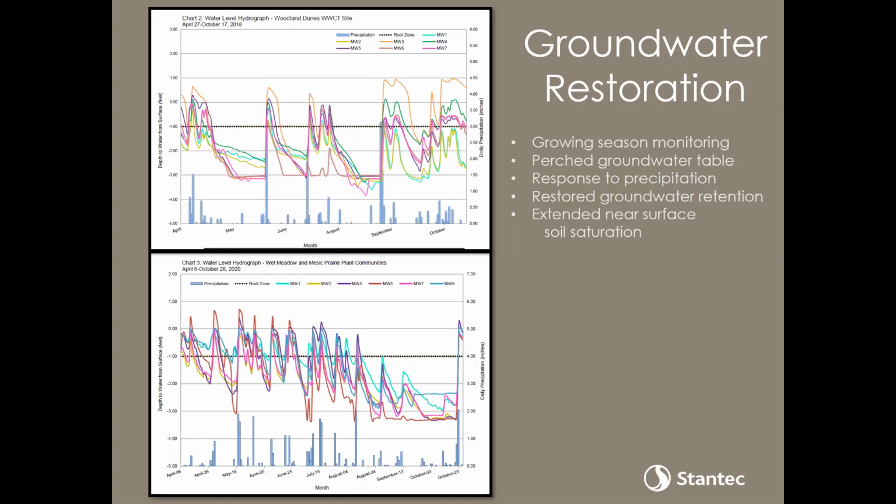And the interesting thing, and you see this pattern repeat itself on a lot of groundwater wetland restoration projects, is in the spring, you got a lot of water on the surface, got a lot of precipitation runoff, and the dash line represents 12 inches below ground surface. So you see the water right at that root zone, let's say, and then if you don't get any rain, the water drops, especially in these drain conditions.